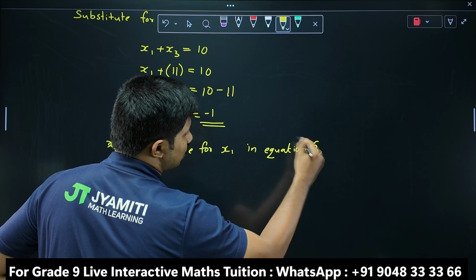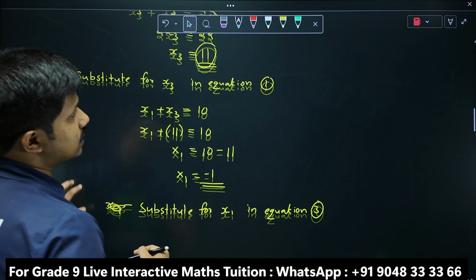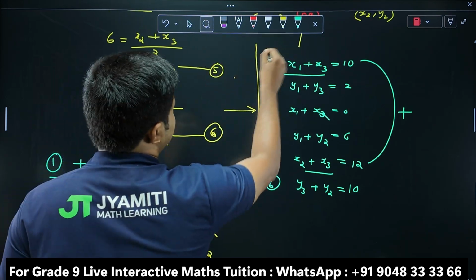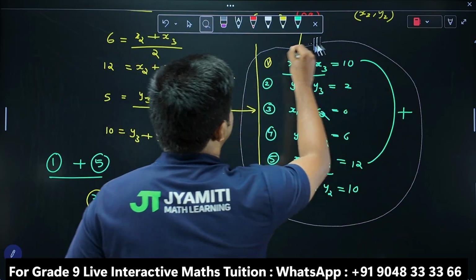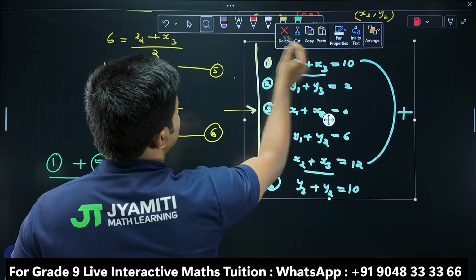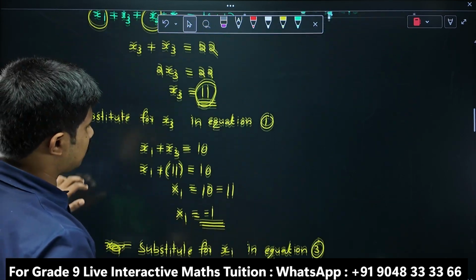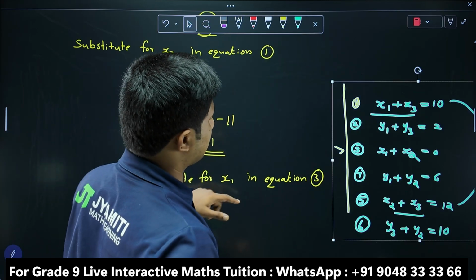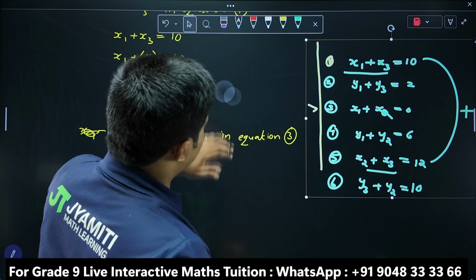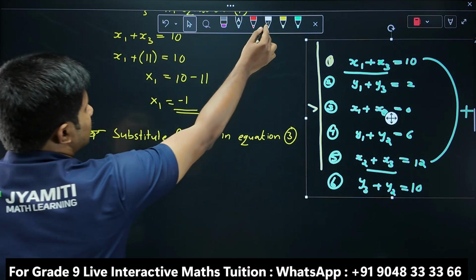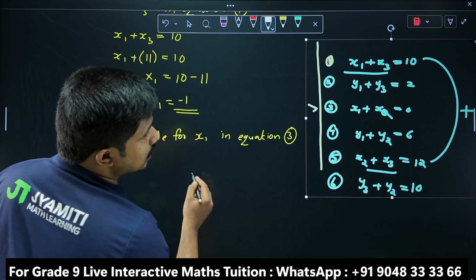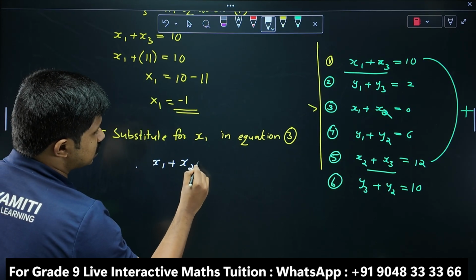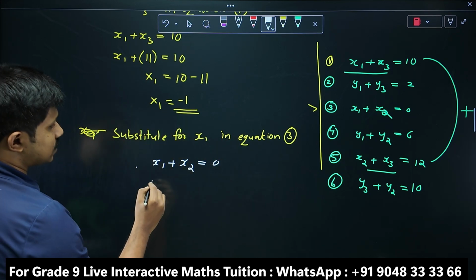What is equation 3? x1 plus x2 equal to 0. Let's copy it again, we need this again. We have to substitute for x1.